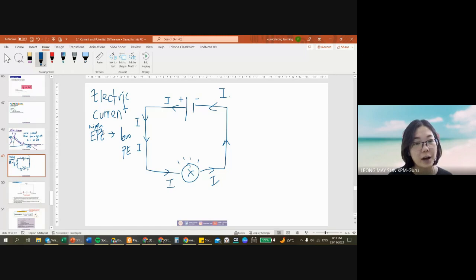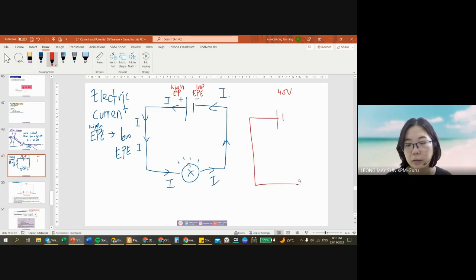So if current flows from high electric potential energy to low electric potential energy, and current, from what you learned, flows from positive to negative, this means that the positive is a high electric potential and the negative is a low electric potential energy. So in this case, let's just say for example, I have the battery is 4.5 volts, connected to a light bulb.